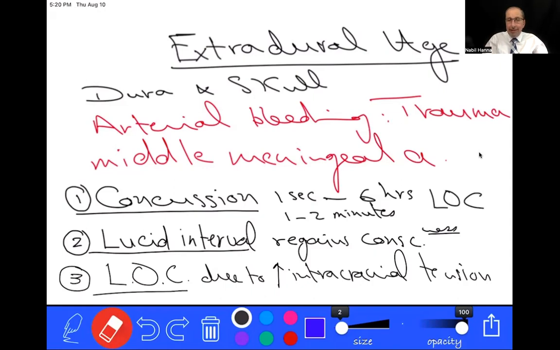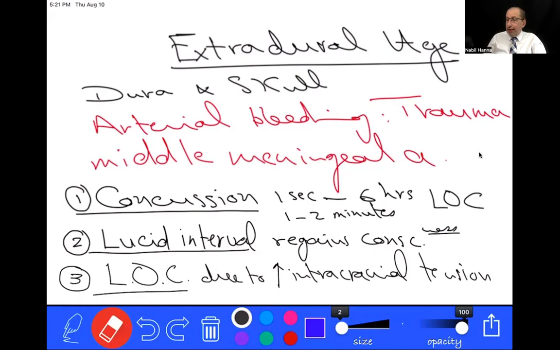And the best test to detect intracranial hemorrhage is CT without contrast. Why? The contrast looks white on a CT scan, and the blood looks white on a CT scan. So you should do CT without contrast to exclude the presence of extradural hemorrhage.